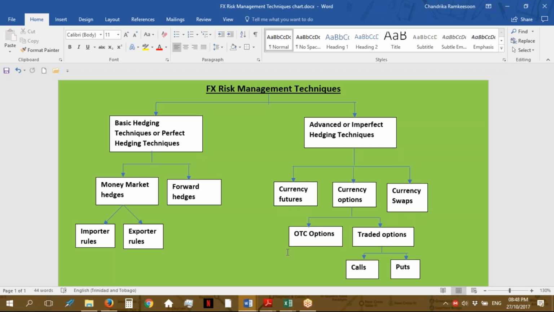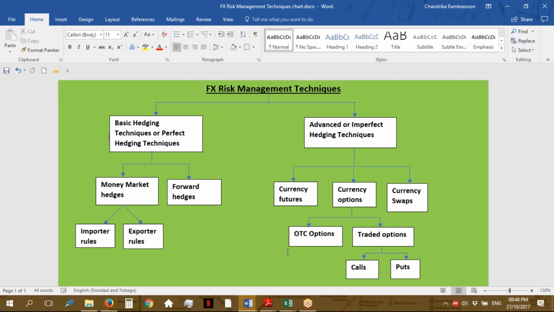After all, the thinking should be, look, we don't wish to create additional risk for ourselves, so we would prefer to use a technique which is riskless. After all, we are already faced with normal risk associated with our transactions, buying, selling, and so forth. So why would we want to use an advanced or imperfect hedging technique?